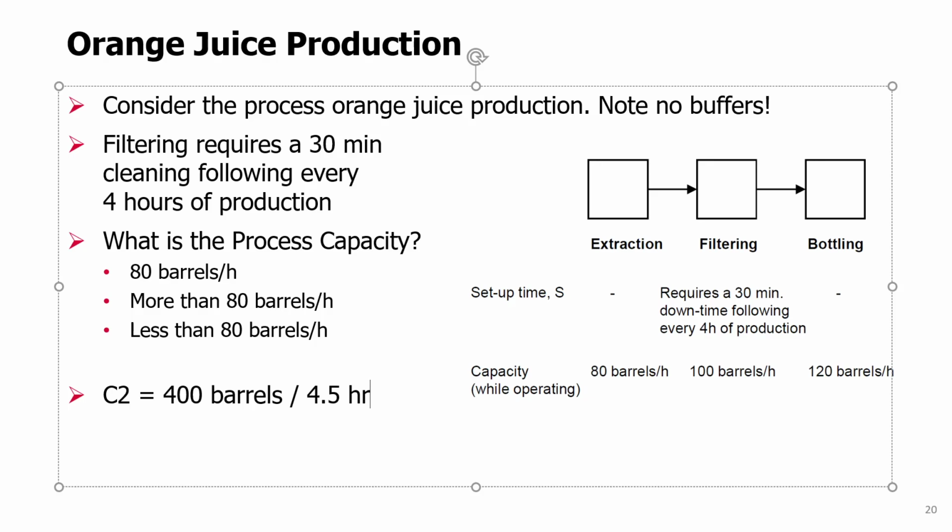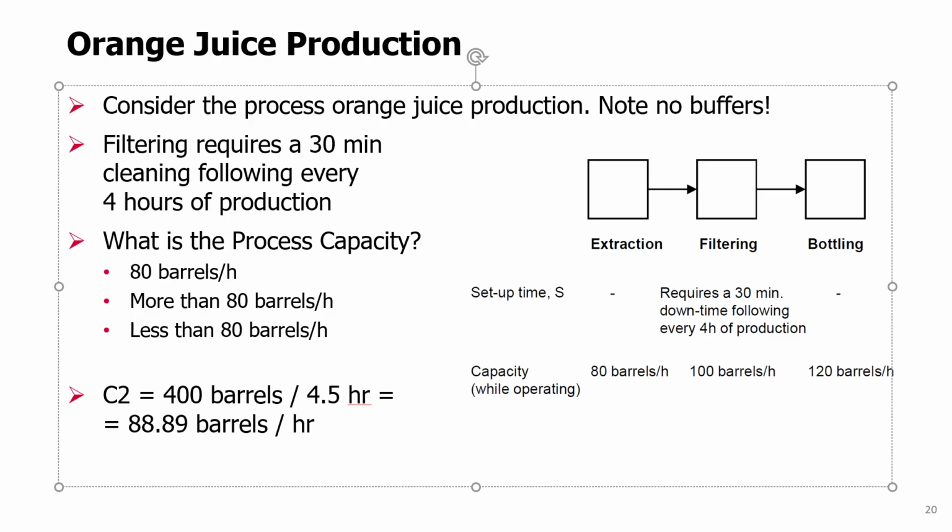So the total number of barrels will be 400 over 4.5 hours. So it would seem that this is simply 88.89 barrels per hour.